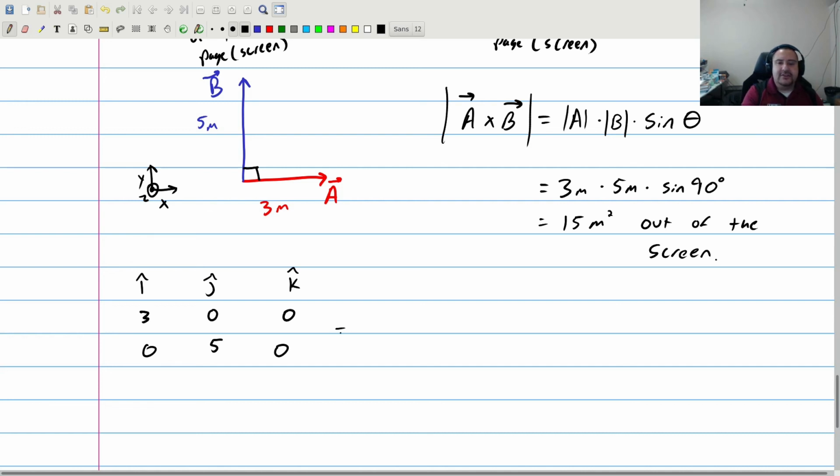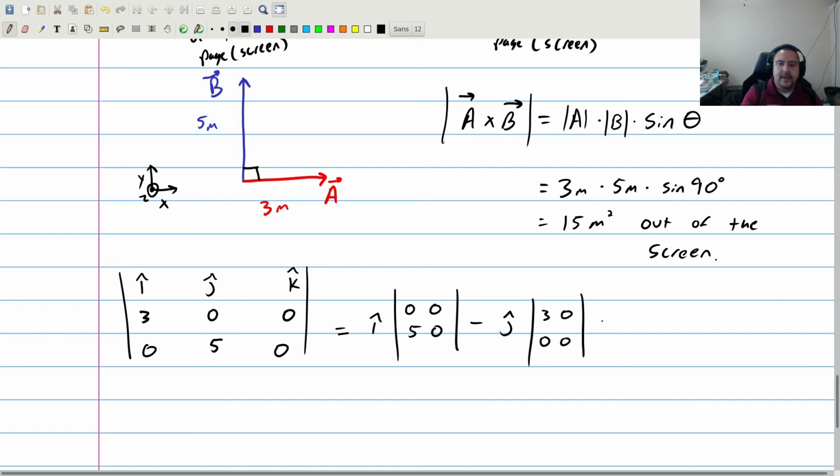So if we find the determinant of this matrix, it's going to be I hat times the determinant of 0, 0, 5, 0, minus J hat times the determinant of 3, 0, 0, 0, plus K hat times the determinant of 3, 0, 0, 5.